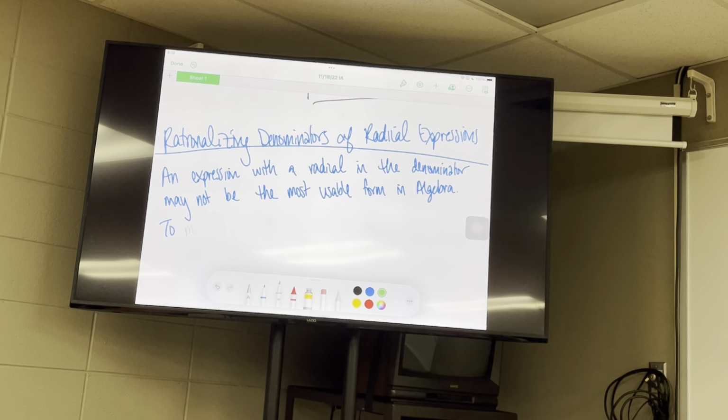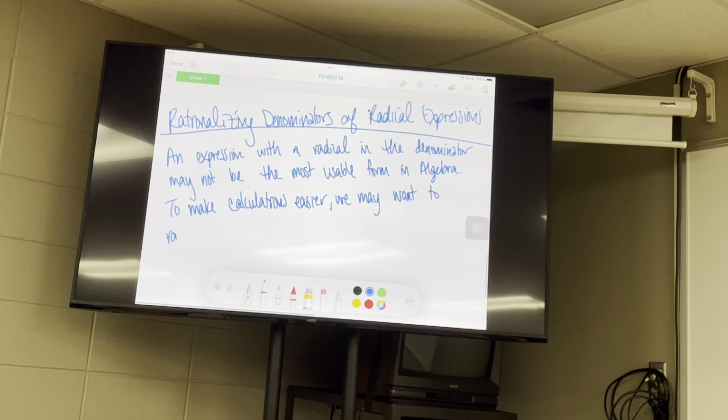So to make calculations easier, we may want to rationalize the denominator.